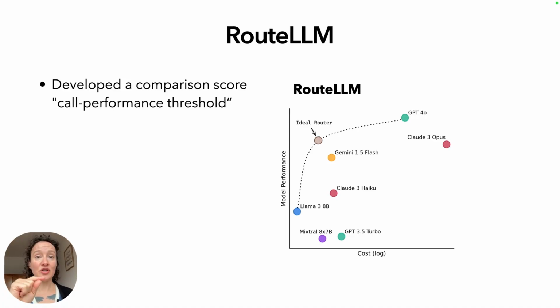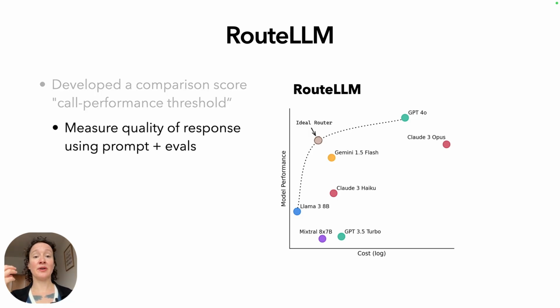And essentially what you want is a low call performance threshold, because you want only a few of the most complicated queries, so to speak, or prompts to be sent to the expensive model. And then the rest, you want to spend your time on the cheap model if possible. So if you can keep this number low, it means that you're only relying on the expensive model for those really where the ratio is so big that you really want that extra performance.